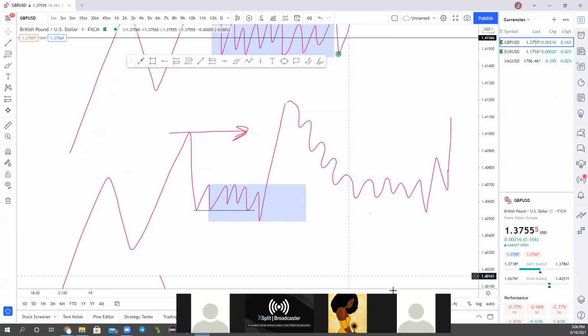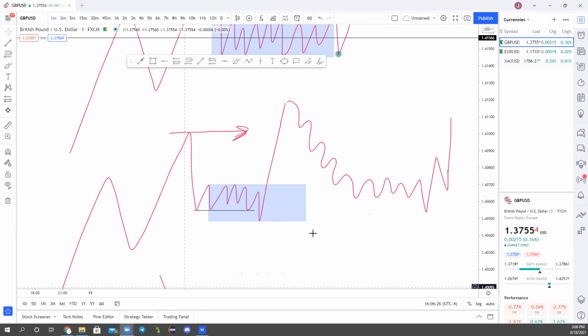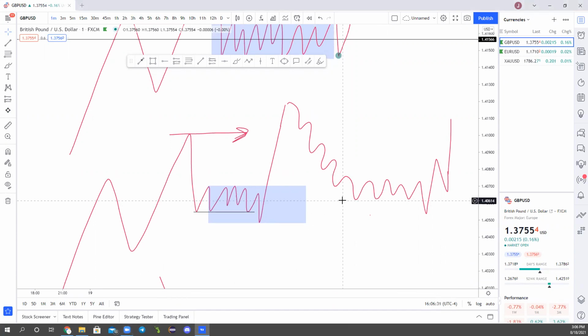So when you return to these areas, that's called mitigating. And I'm sure you guys have all heard that term. This is mitigating an area, right? So it's best in any case when you get a run on the lows, because runs give you that extra fuel or grabbing orders to actually push you significantly higher.